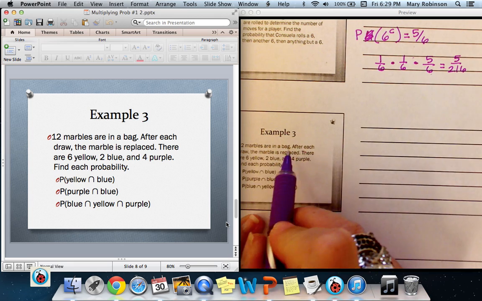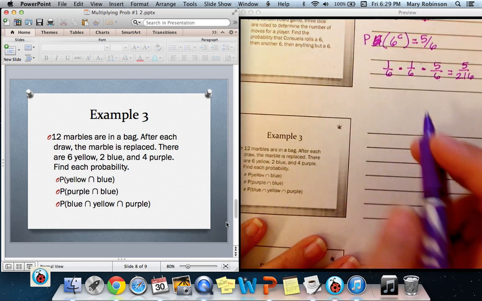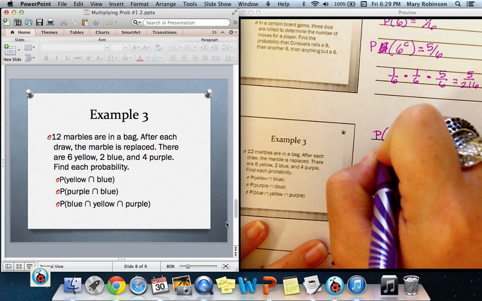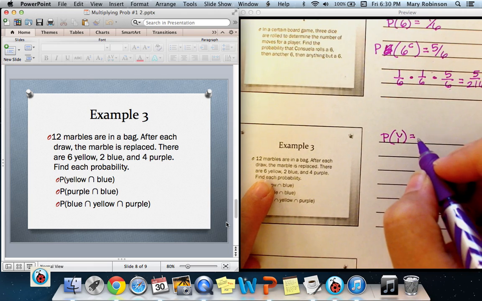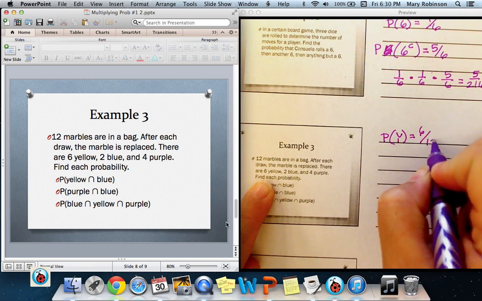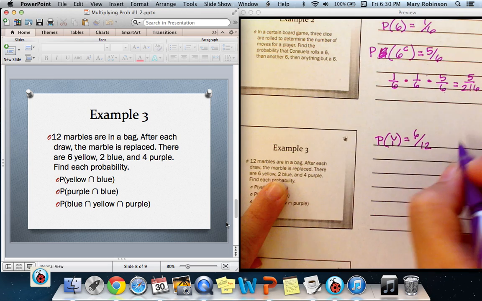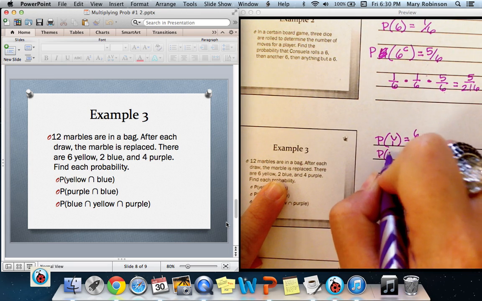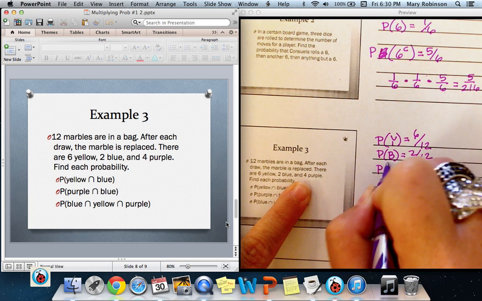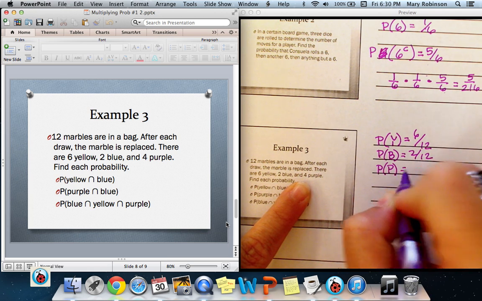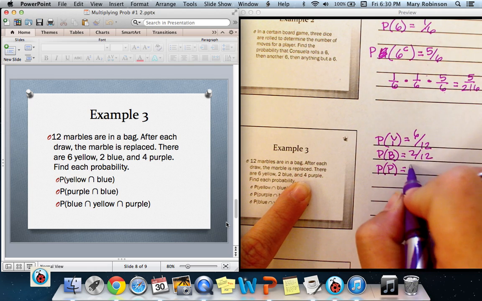Well, if we have 12 marbles in a bag, we know that the probability of drawing a yellow is equal to 6 out of 12. The probability of drawing a blue is 2 out of 12, while the probability of drawing a purple is 4 out of 12.